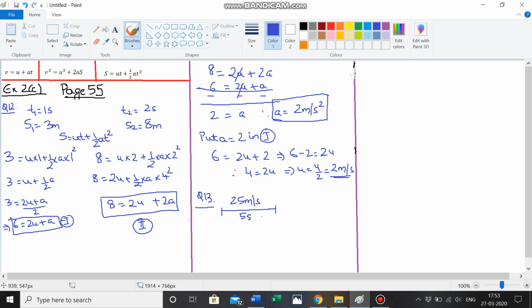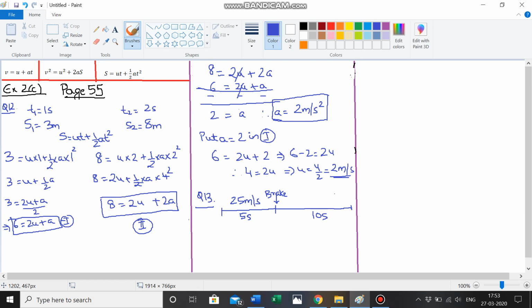And then the brakes are applied and the car is uniformly retarded and comes to rest in a further 10 seconds. So for the next 10 seconds, the speed of the car is reduced. At this point, brake is applied, and then it comes to rest in 10 seconds.